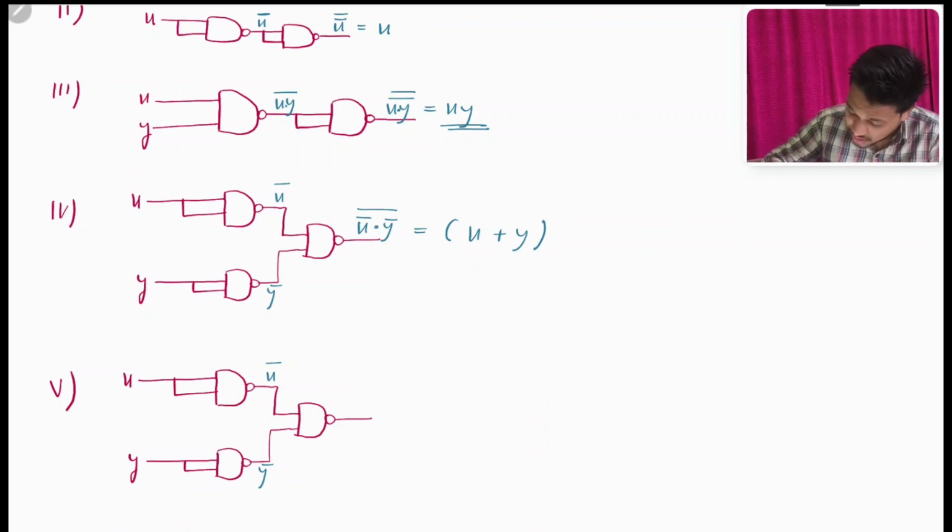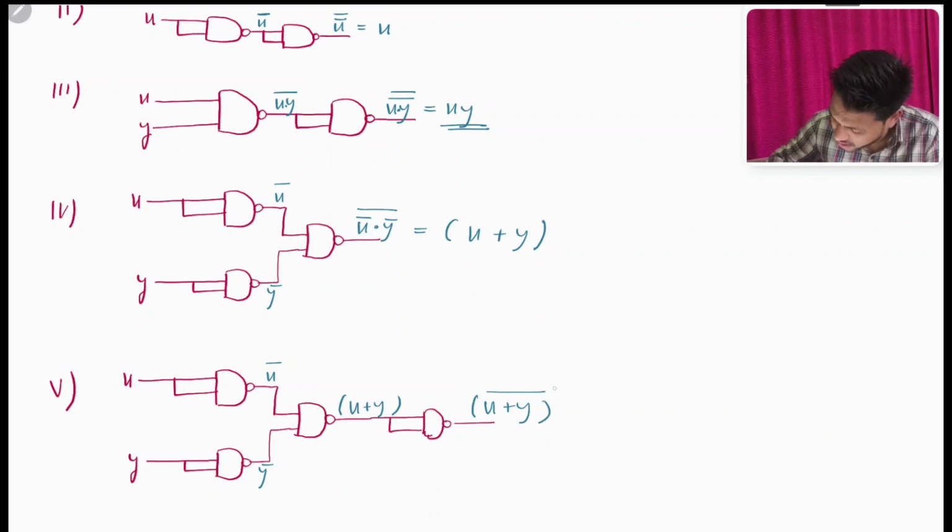So this is our OR gate. We will add one NOT. So it will act as a NOR gate.